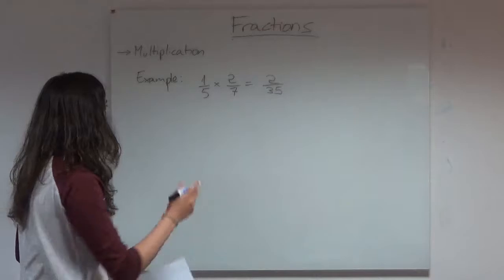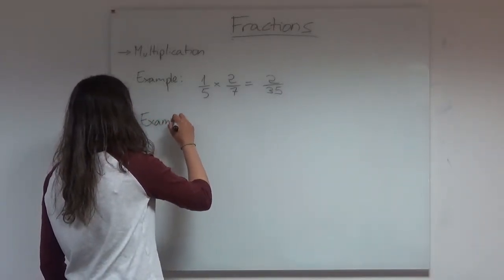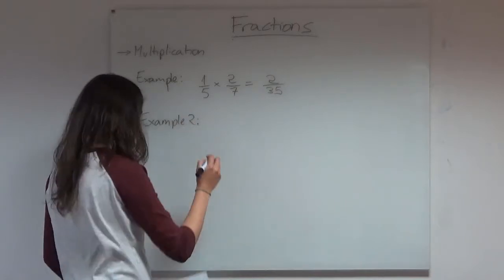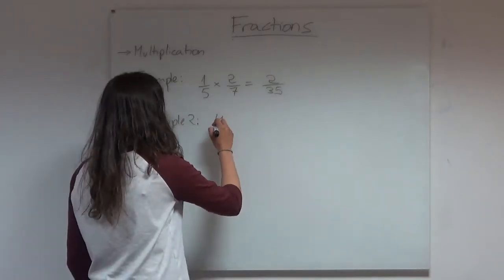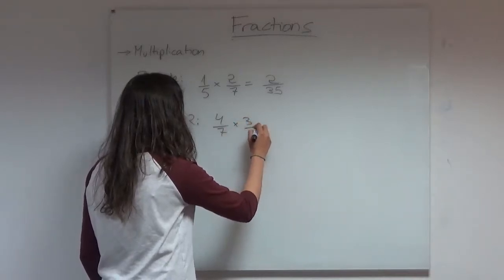Okay, so for example, if we had other numbers, like 4 over 7 times 3 over 2.